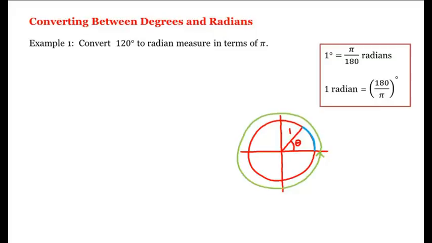Wouldn't that be the length all the way around this unit circle? That is the circumference of this circle, which is 2 pi times the radius, which is 1. Therefore, one rotation measures 2 pi radians.